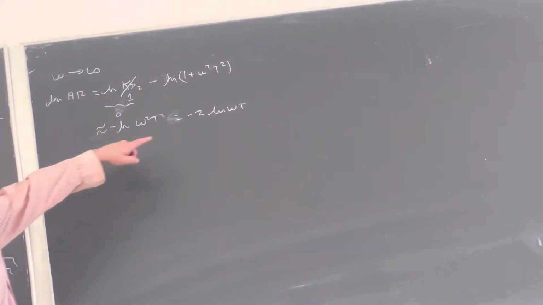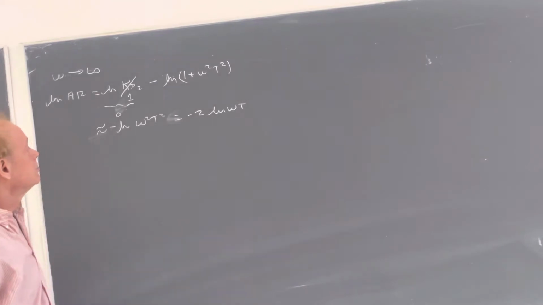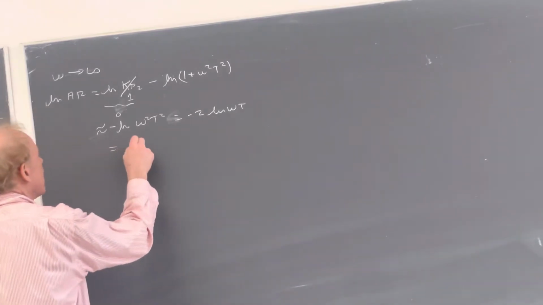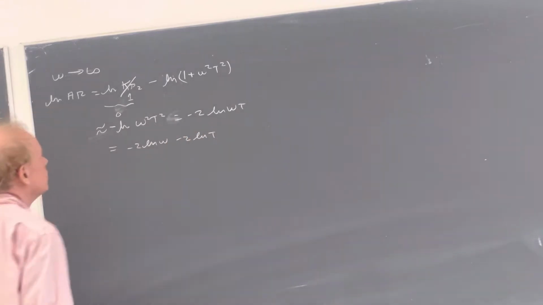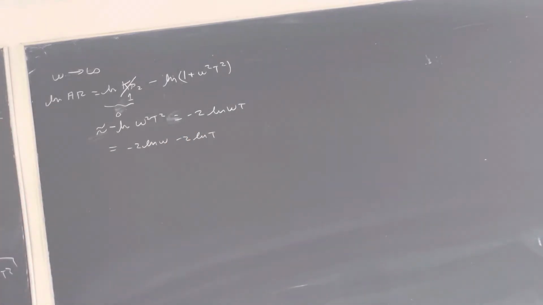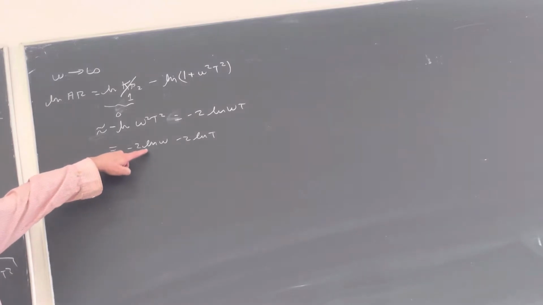If I'm plotting versus the log of omega, this is equal to minus 2 log omega minus 2 log t. So I should get a straight line of slope minus 2.